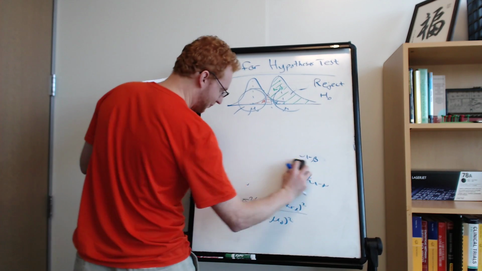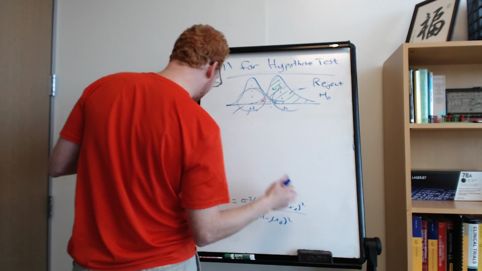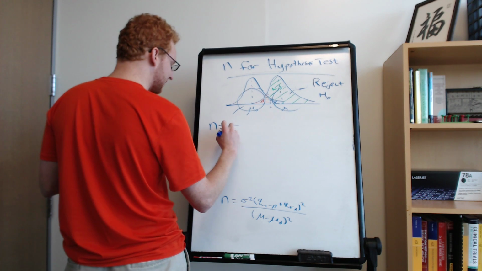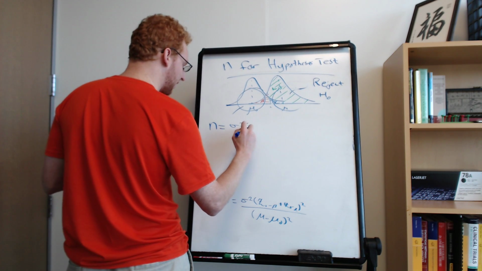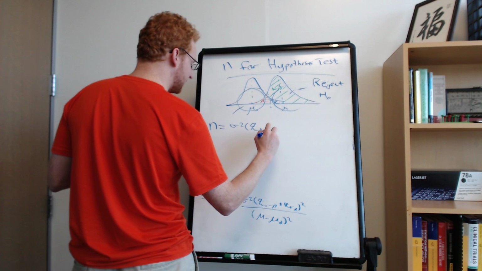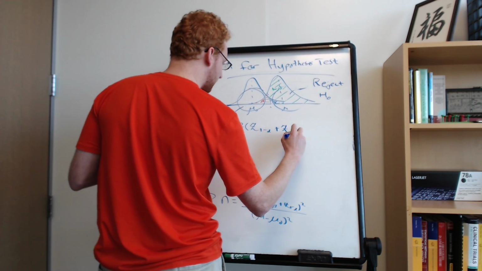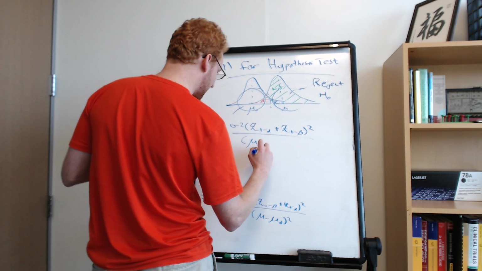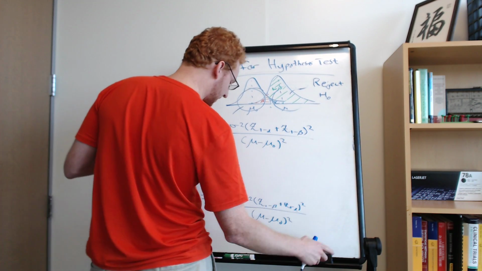So keep going a little bit, almost there. Sample size n equals sigma squared z of 1 minus alpha plus z of 1 minus beta squared over mu minus mu naught squared.